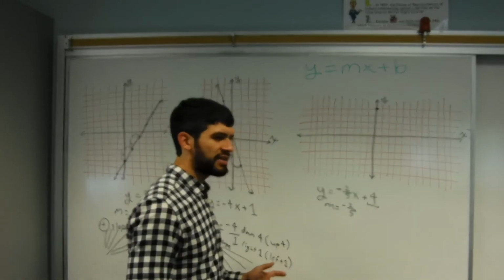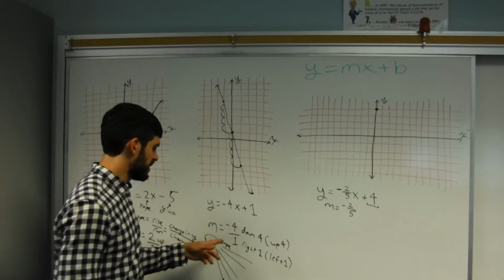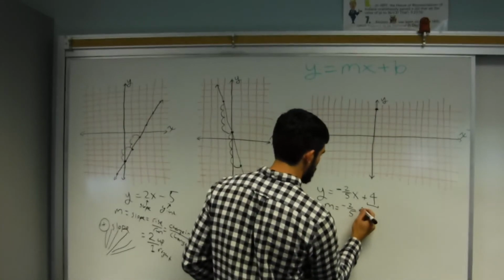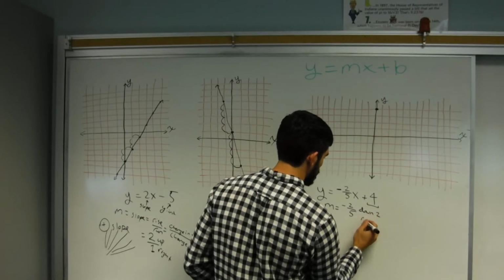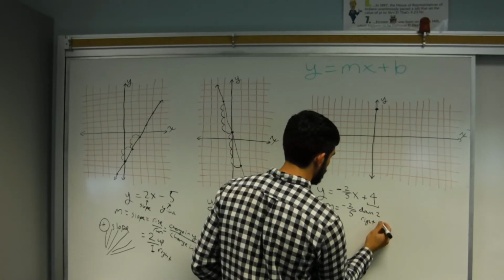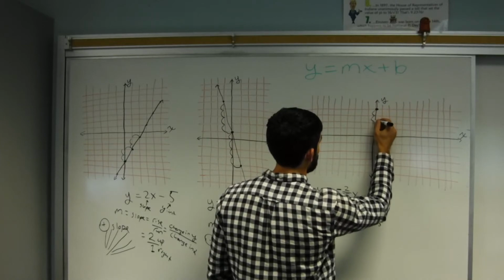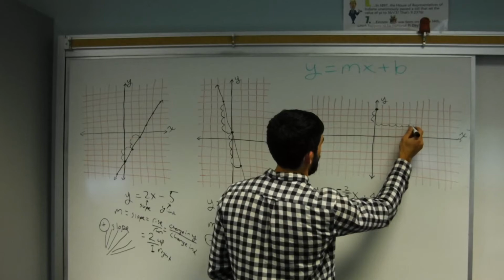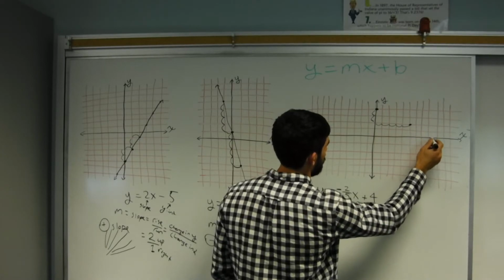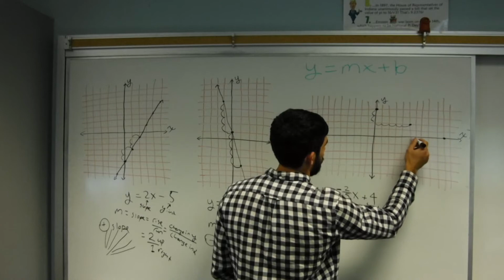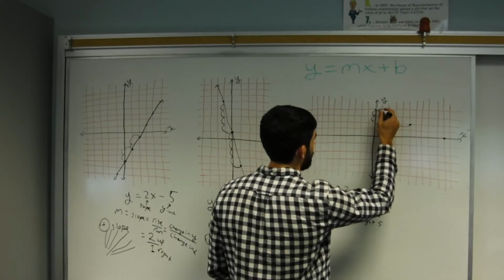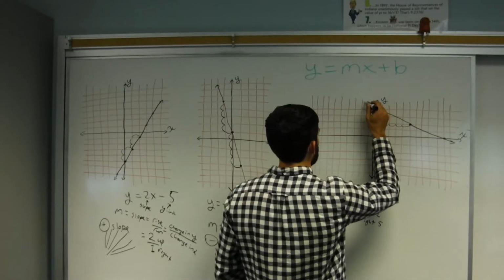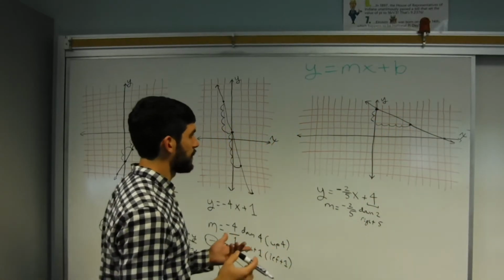So even though it's a fraction, we still use the same process. It's just we don't have to write that it's over 1. So I'm going to think of this as going down 2 and right 5. So from here, if I go down 2, 1, 2, right 1, 2, 3, 4, 5, get that point, down 2, right 1, 2, 3, 4, 5, and then I would just connect these dots, and we would get a line that looks like that.